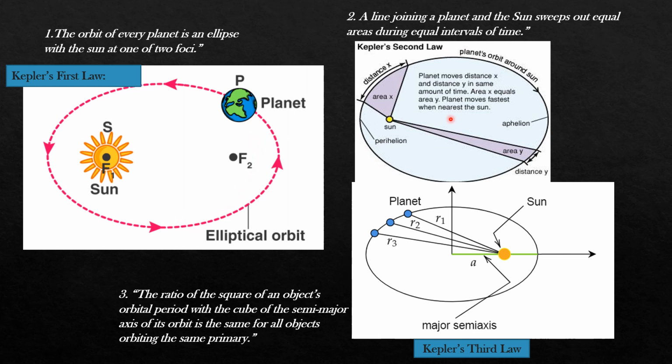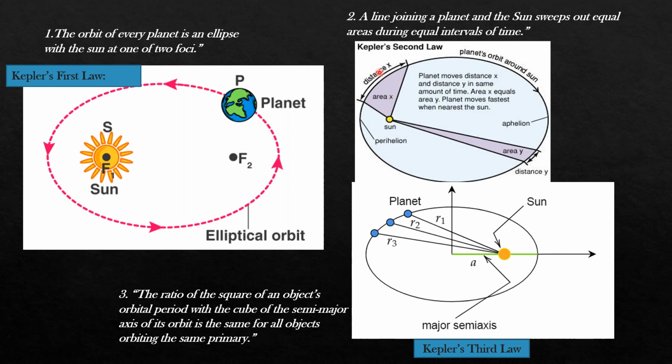Okay. Second law. A line joining a planet and the sun sweeps out equal areas during equal intervals of time. You can see here, this area is equal to this area. And why?